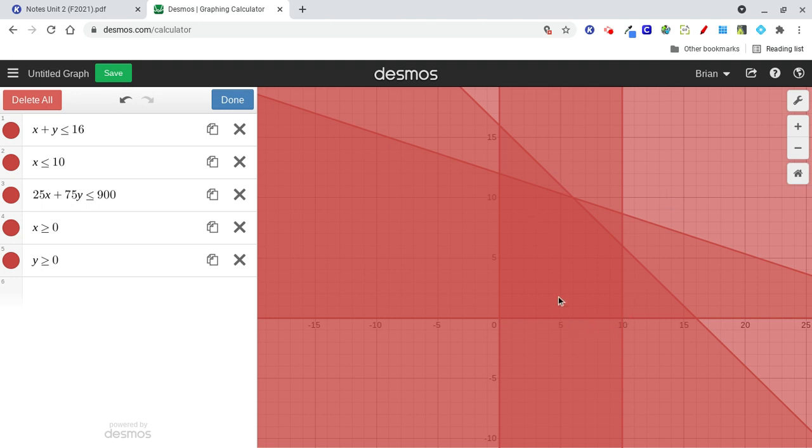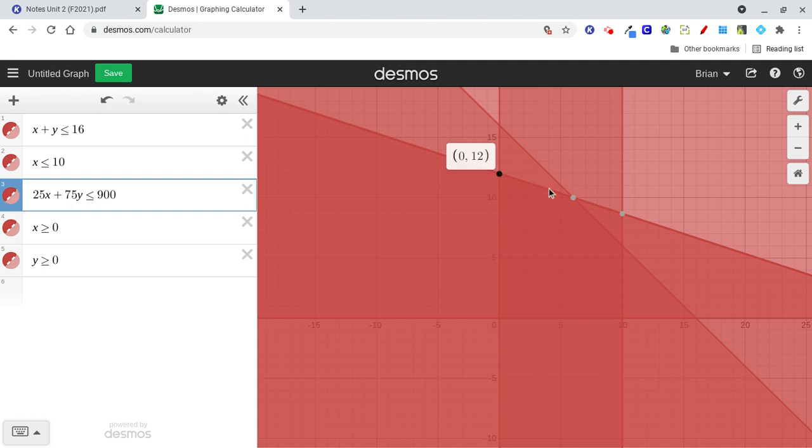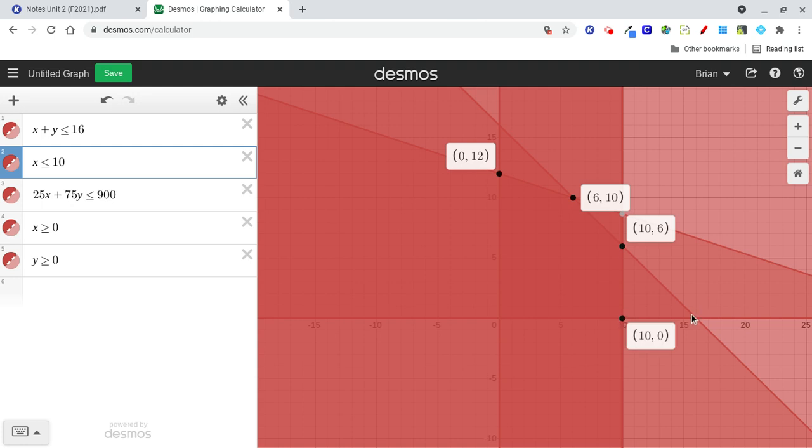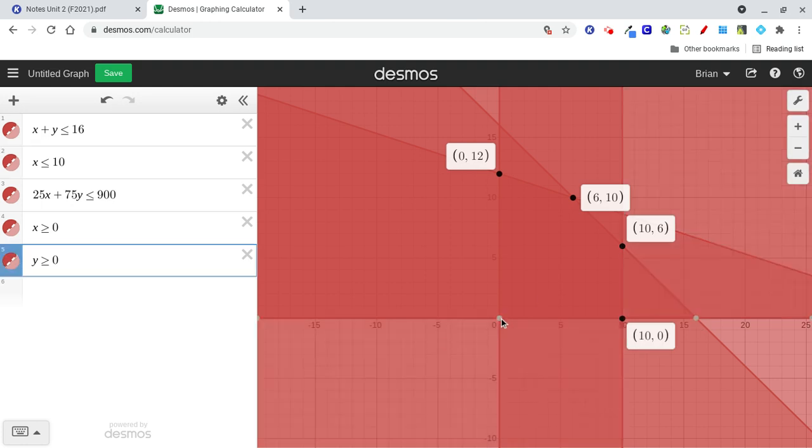Now there's a lot of stuff going on, but I don't care about most of it. I only care about the corner points. So these two are good, but this one, I don't care about. I want this one. And this one, I don't care about this one over here. So be very careful. Sometimes students will pick points that they don't care about. I only care about these 5 points.